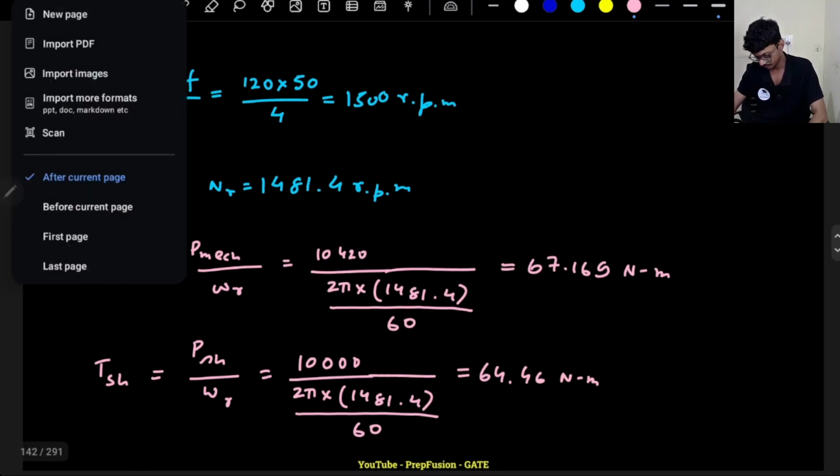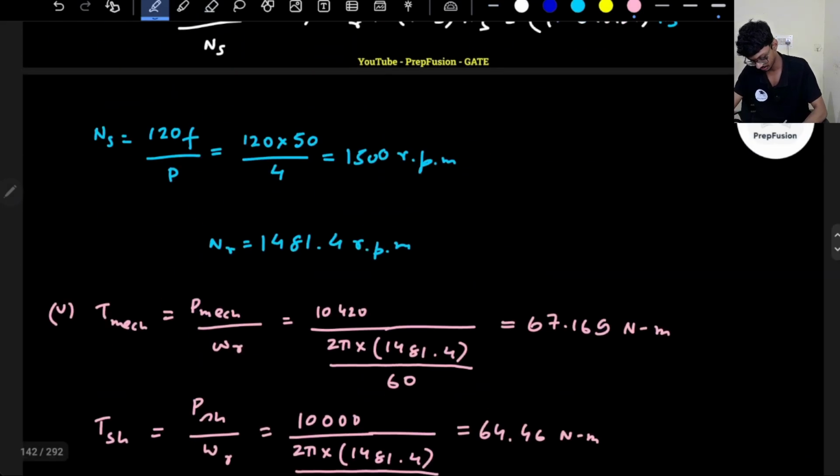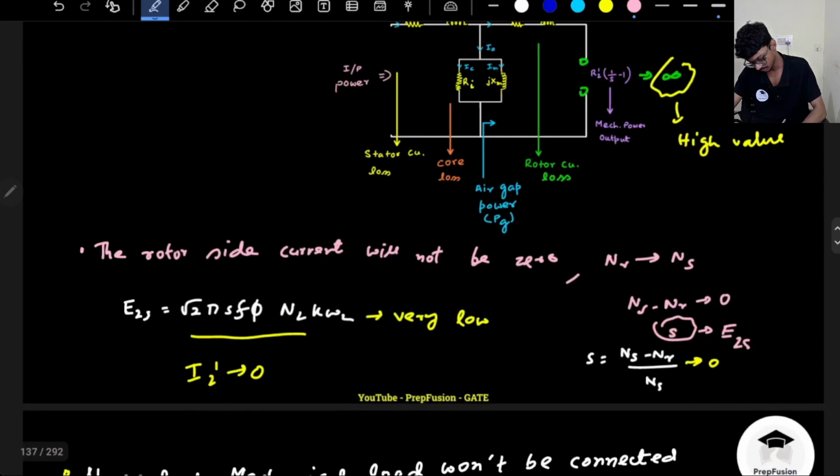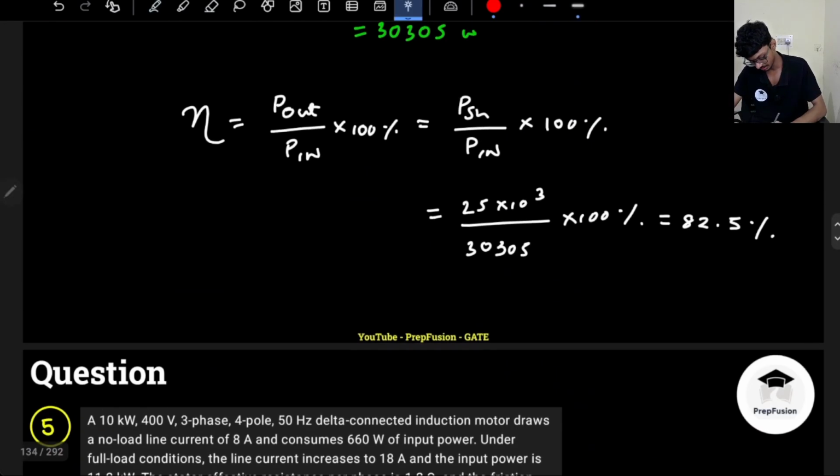What is the efficiency? Efficiency is simply P out upon P in. P input is already given to me, that is 11.2 kilowatts, at full load. The input is 11.2 kilowatts, output is 10 kilowatts. Very simple.